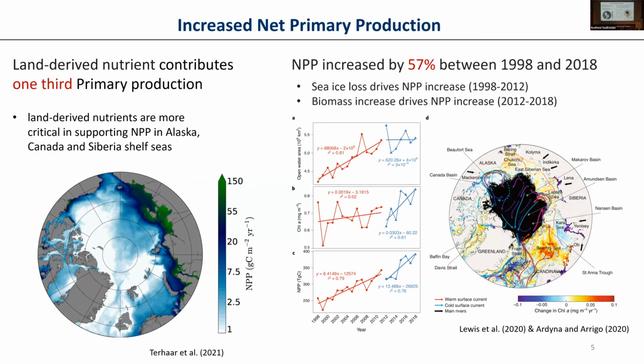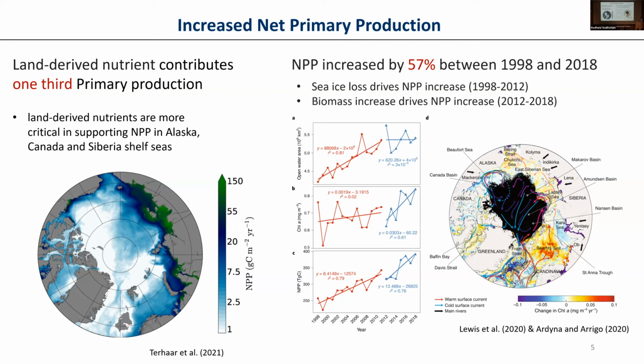And based on the remote sensing product, researchers have also reported that the NPP for the entire Arctic Ocean has increased by 57% in the past 2 decades. And they suggested that for the first decade, the sea ice loss with a higher light availability was the main driver for NPP increase. For the second decade, the biomass increase is the main driver.